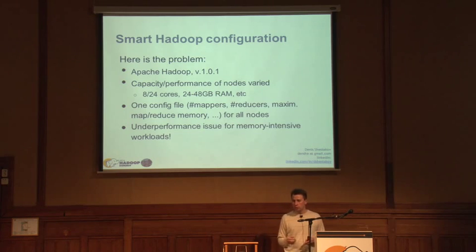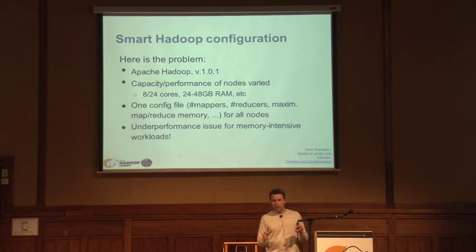Maybe it's already known to the community, I don't know. But we worked with this Hadoop distribution 1.0. And like I mentioned, the machines in our cluster vary in performance, so the number of cores and amount of memory available varies significantly. The problem with Hadoop is that you have just one configuration file for every node.